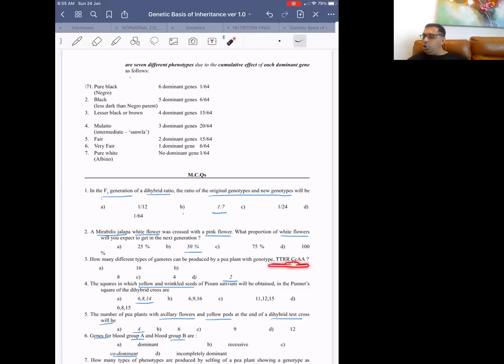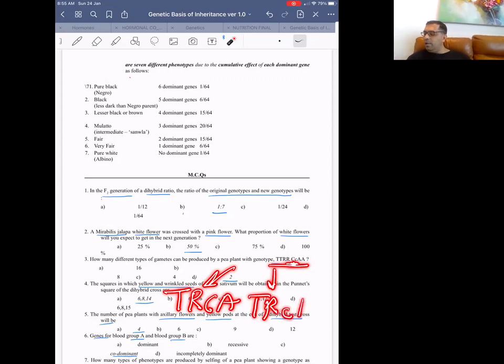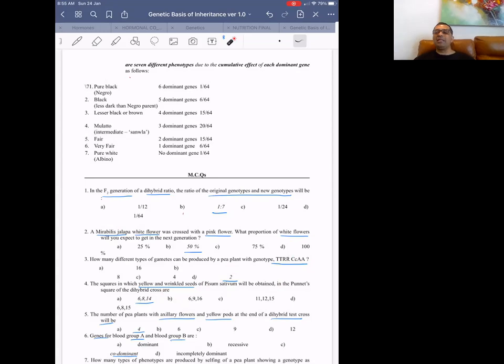So you will get two types of gametes, capital T, capital R, capital C, capital A, and capital T, capital R, small c, capital A. Check it out. इससे ज्यादा कोई भी दूसरा टाइप का गैमेट फॉर्मेशन है ही नहीं. So how many types of gametes possible? Only two. And that is because only one characteristic is heterozygous.